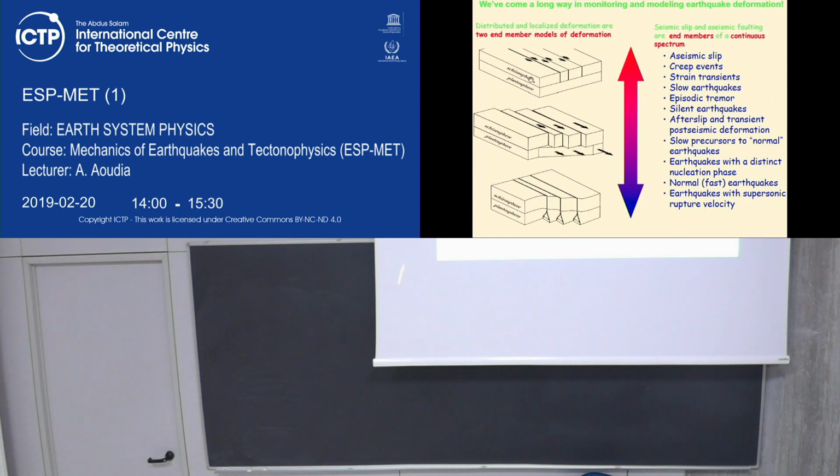Then the second object is taking us out of this one single fault scheme, and we're getting into a scheme by which we would like to understand how plate tectonics, the big picture, how the strain that is coming from plate tectonics is accommodated by single faults.